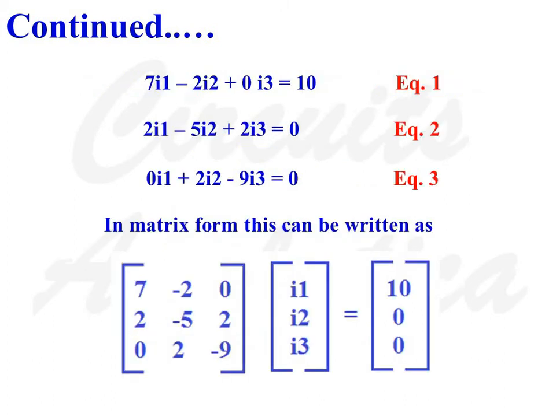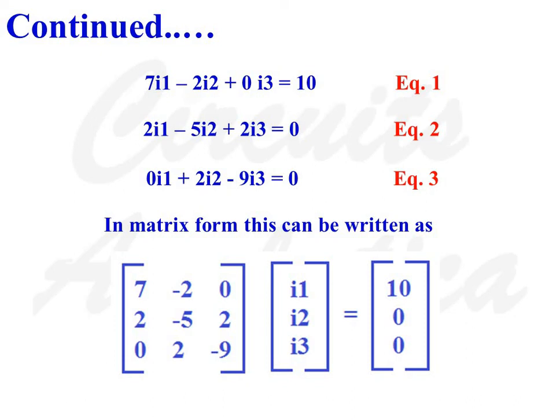So we have three equations. 7I1 minus 2I2 plus 0I3 is equal to 10, equation number 1. 2I1 minus 5I2 plus 2I3 is equal to 0, equation number 2. 0I1 plus 2I2 minus 9I3 is equal to 0, equation number 3.